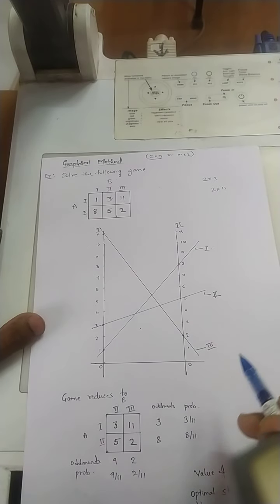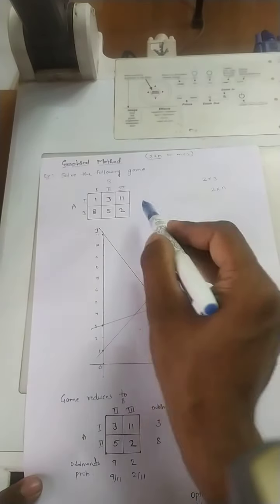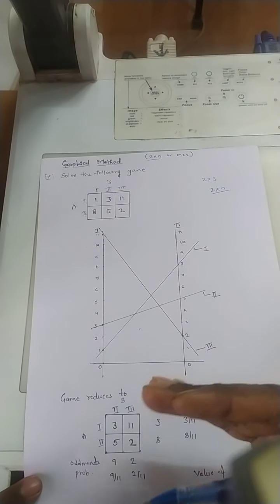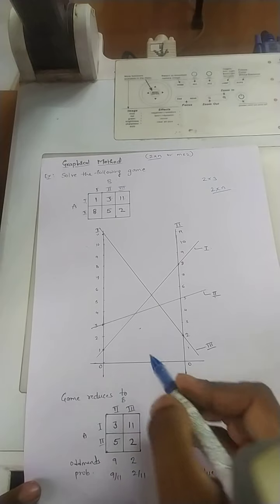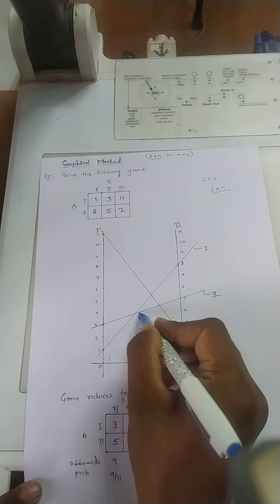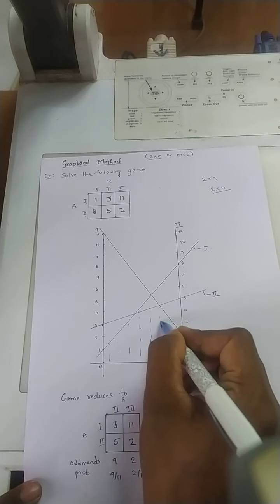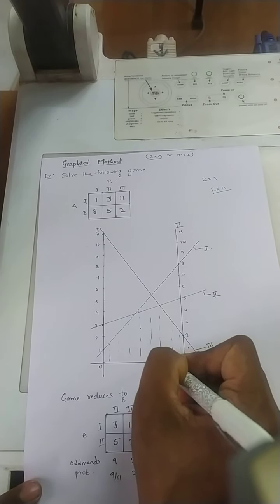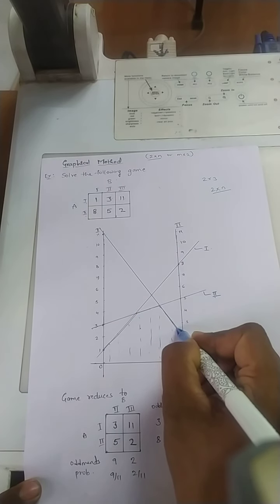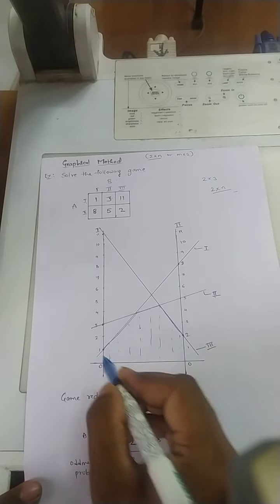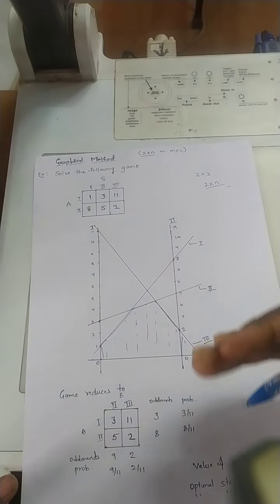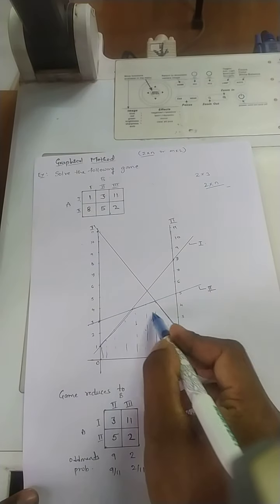Now if it is 2 cross n form, then we should consider the region which is towards the origin, where no other line is passing through. So in this case, this is the region which I am going to consider for 2 cross n form, and these are all minimum points because they are approaching towards the origin.